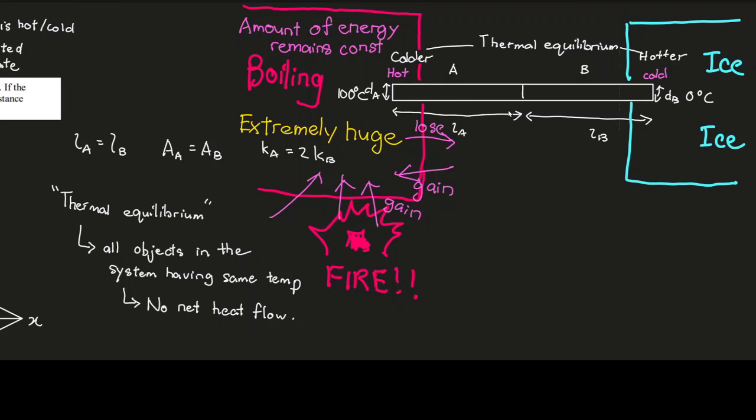It's like you have 100,000 million joules, let's say, okay, this is exaggeration, but if only 5 joules are lost here, in 1 second, 5 joules gone, it's too minute, it won't really affect the temperature of the hot end of the rod, because the boiling tank remains at 100 degrees Celsius even though a little bit of energy flows out, provided you have an extremely huge boiling tank.